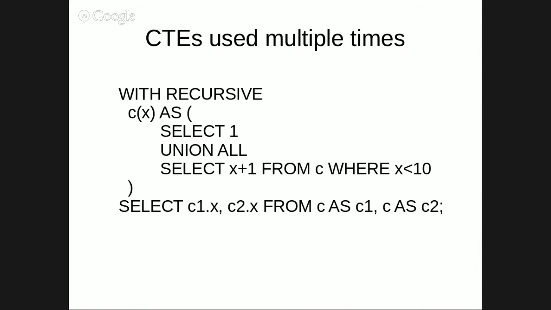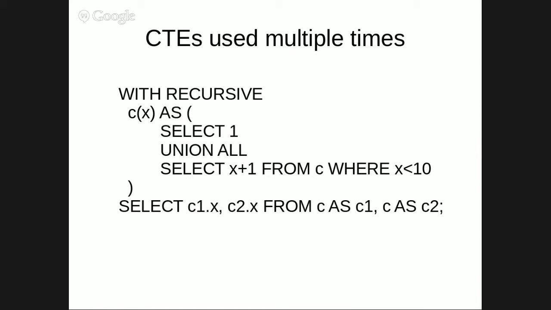Okay, so a big use for common table expressions is to use the thing multiple times. So suppose we wanted to produce a grid of all possible tuples where the values are from 1 to 10.